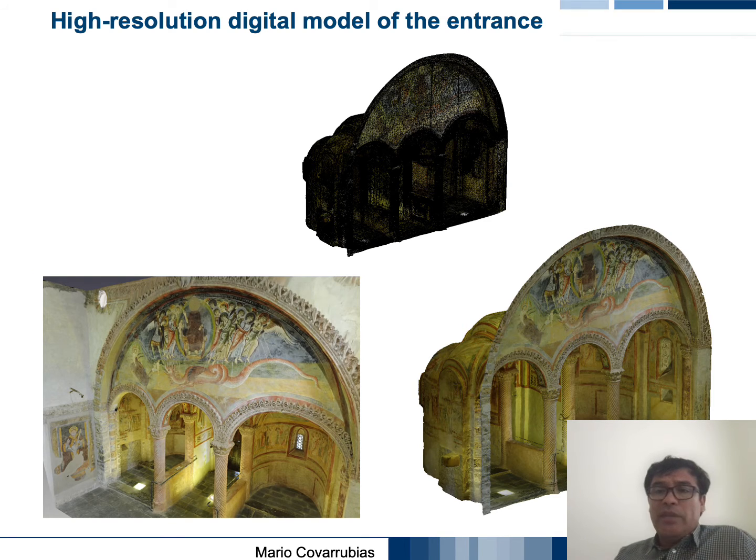The entrance of the Abbey, of the Basilica, features rich and complex decorations and frescoes, which were captured with a workflow based on fisheye photogrammetry. Fisheye lenses provide images with a wide field of view and can be suitable for the digital reconstruction of small and narrow spaces.